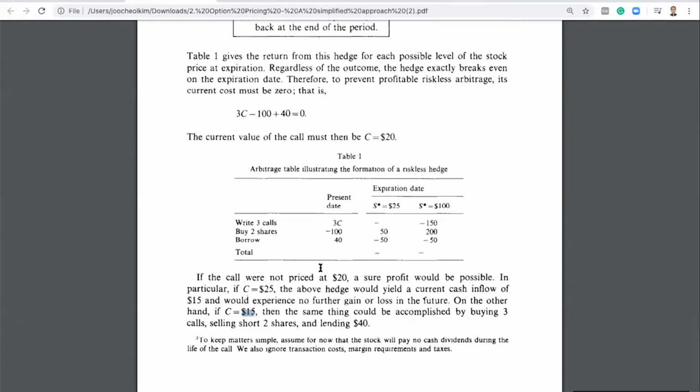Then you will get the profit also. So it's just the explanation of how to make the arbitrage if the price is not the no arbitrage price.